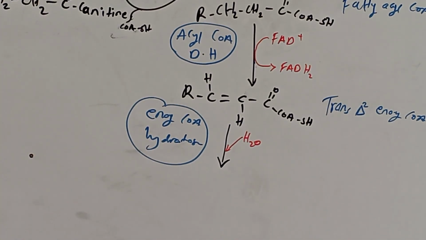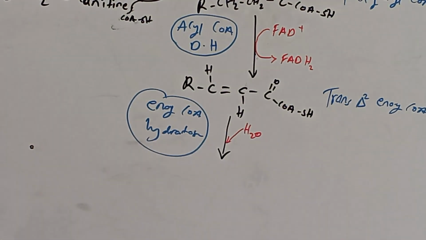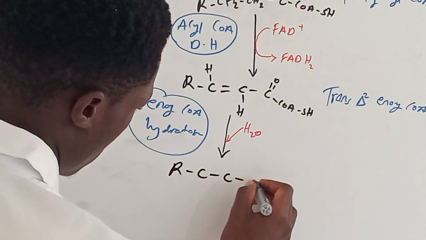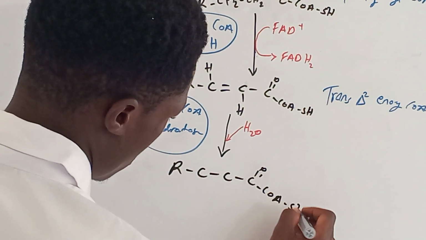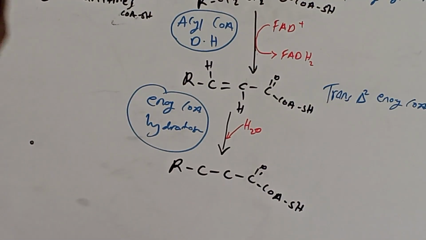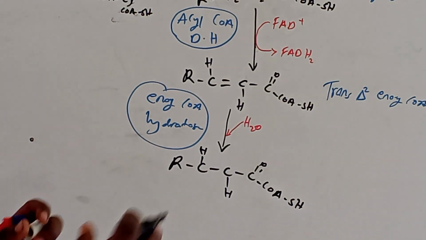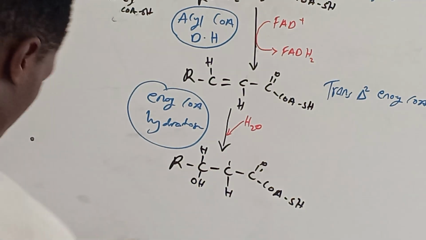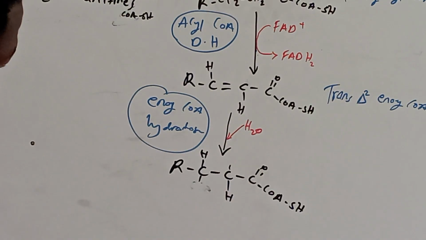Now let's move. So when you're going to add a water molecule with the help of enoyl CoA hydratase, you're going to form a new molecule. And this molecule is pretty cool. Now, we had our hydrogen here, another hydrogen here. But now when we add a water molecule, we're going to bring an OH here. Now let me use a different color so that you can see that very clearly.